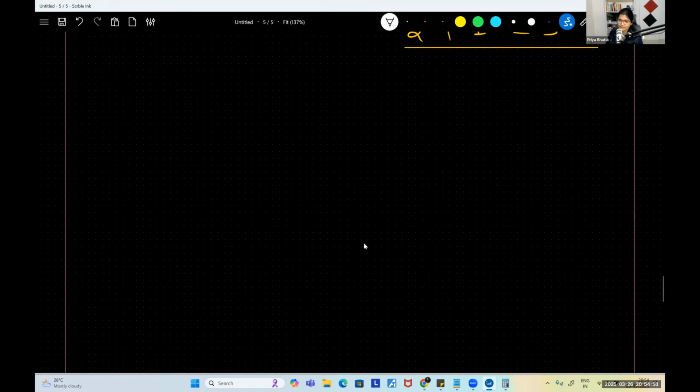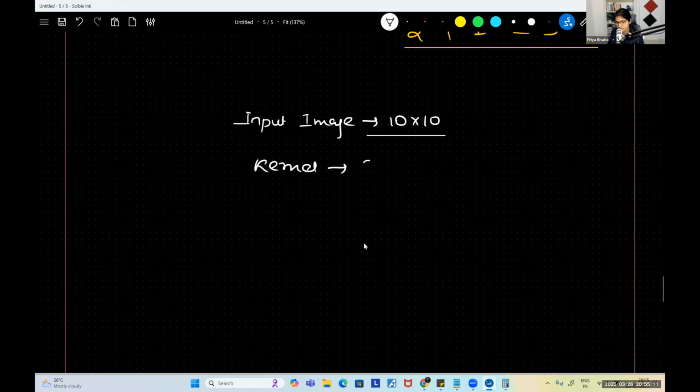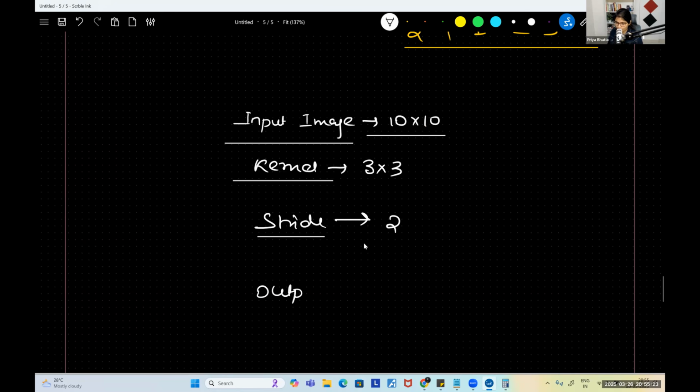For example, let's say the input image that we are having belongs to 10 cross 10. The kernel is again 3 cross 3. The stride is, let's say, 2. So can you just help me to understand what is the output of my image? What are the dimensions?